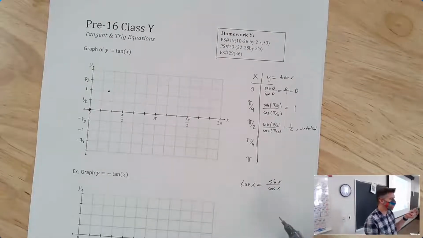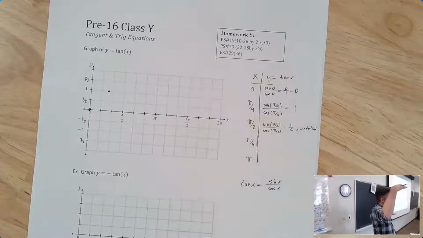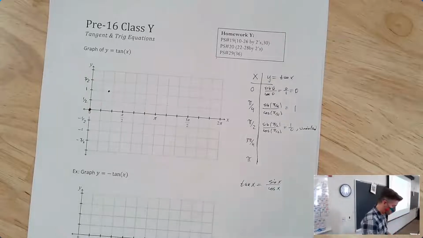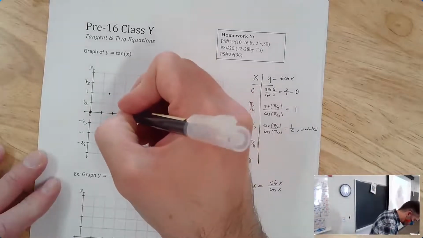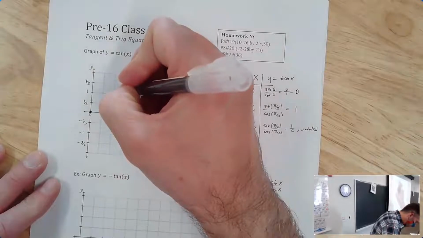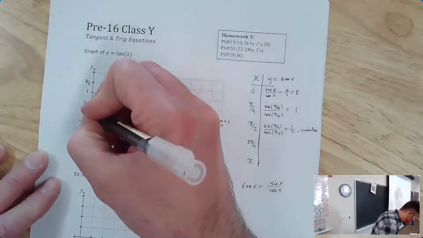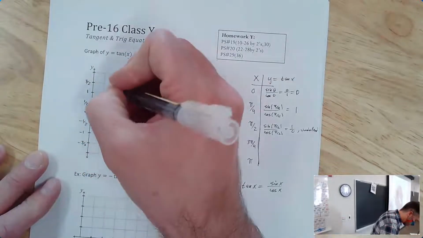So we have a fraction where you have something on top that's close to 1, and something on the bottom that's getting smaller and smaller and smaller, meaning the fraction is getting really, really large. So as we go towards pi over 2, the values of tangent are getting infinitely large. And we have a vertical asymptote. This is looking kind of like this.